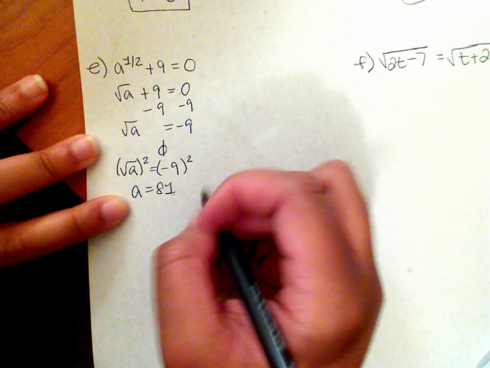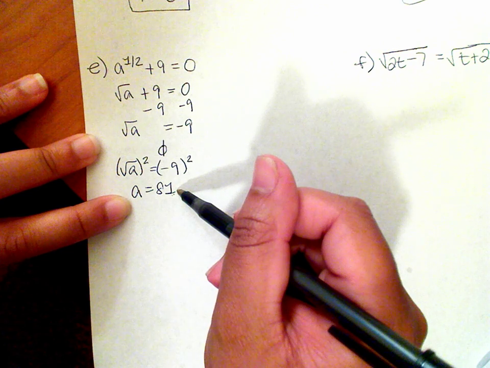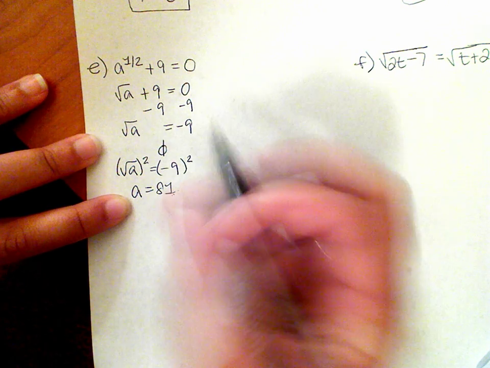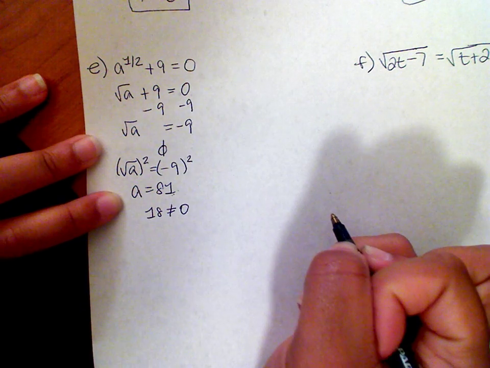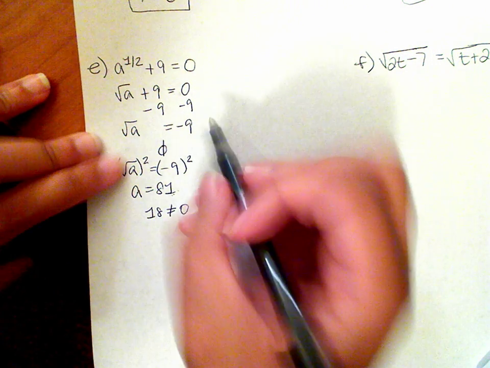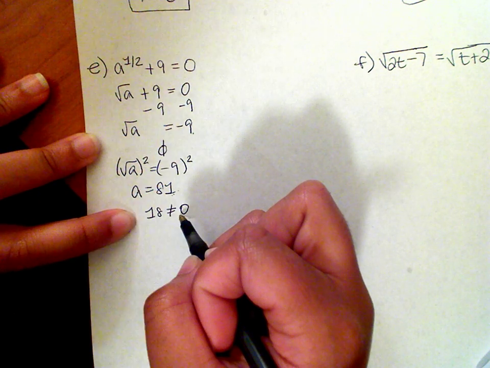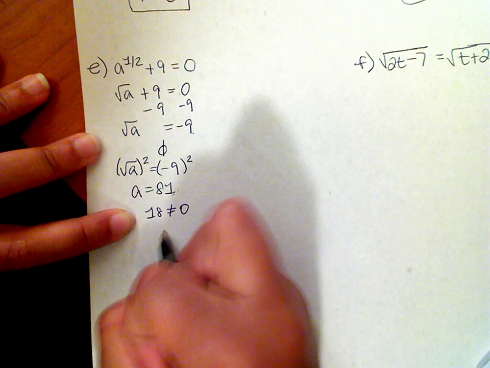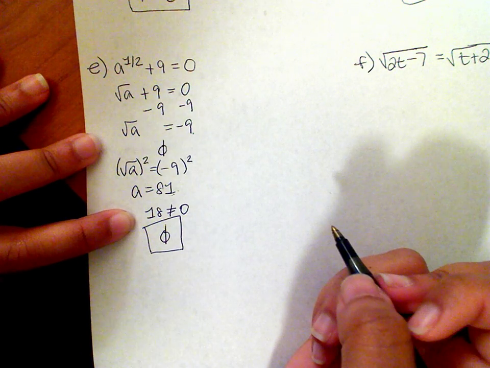So a to the 1/2, or the square root of a, the square root of 81 is 9. 9 plus 9 is 18. 18 does not equal 0. So even if you didn't catch it at this step, once you went back to check your solution, you see that your solution doesn't work. So you would get no solution.